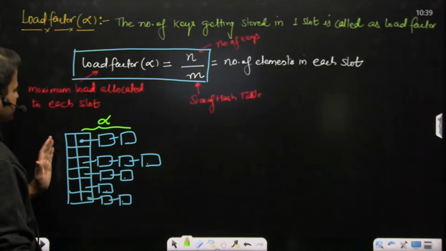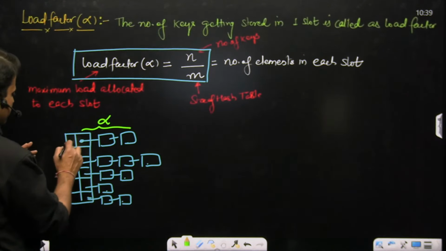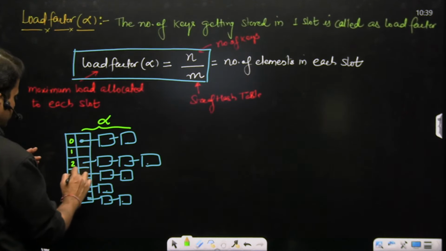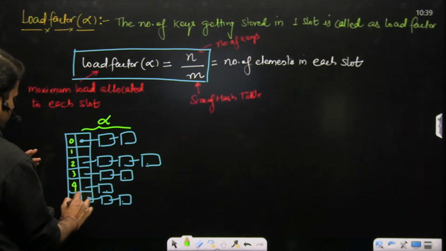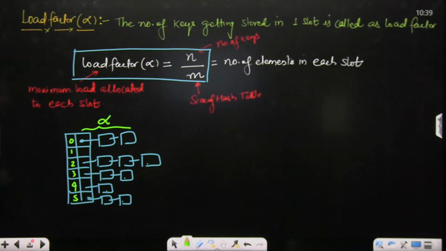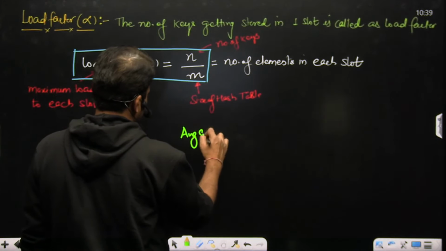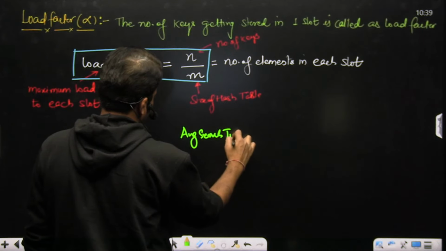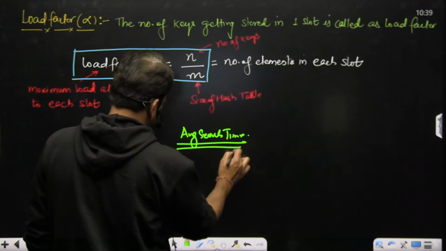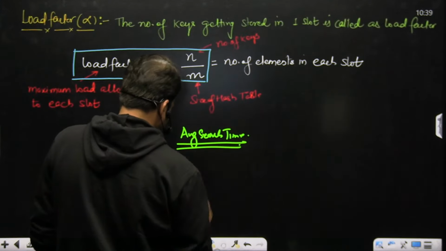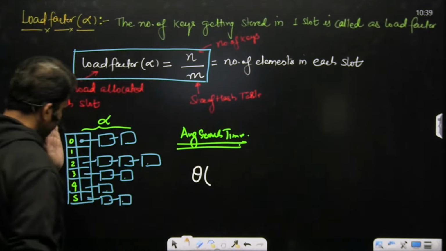I want to search in chaining. So first find the index. Here I am talking about average search time. In chaining, you first apply the hash function.